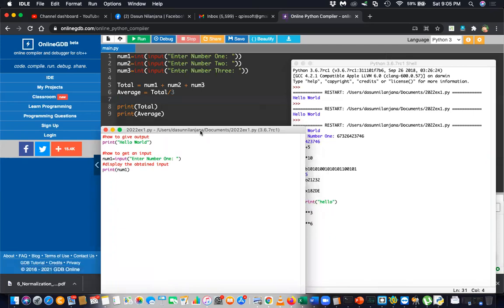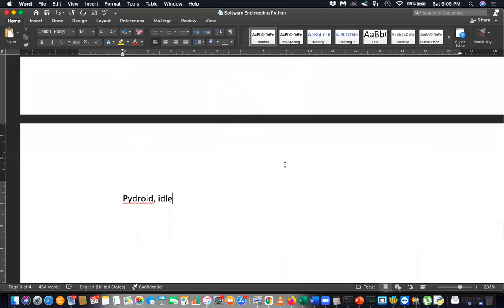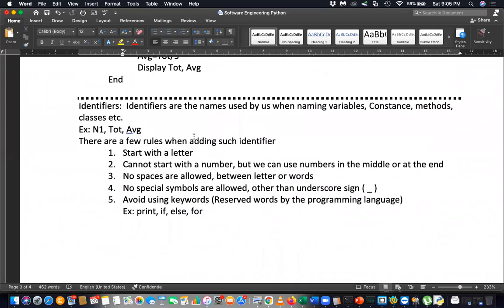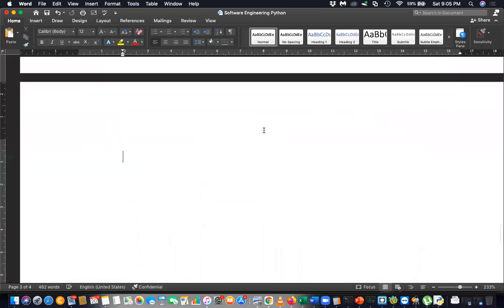Next, please write the heading. So now our idea is to learn about Python. So now we learn about these identifiers. Next, please write Python operators.